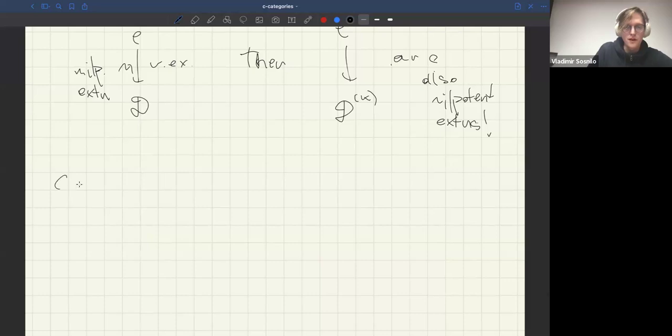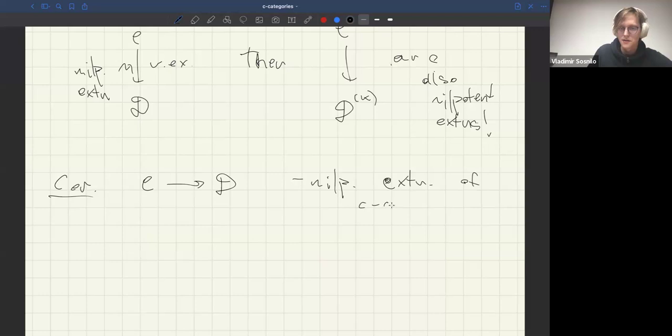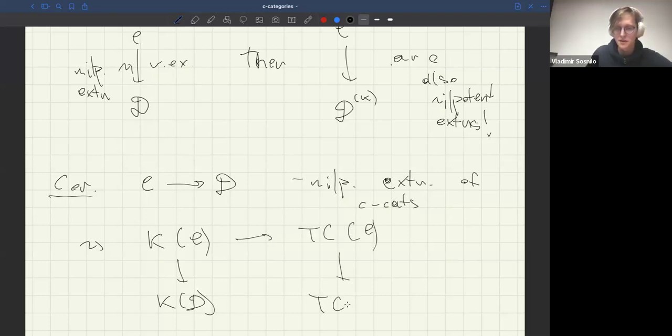And so the first corollary that we have is that if you have C to D a nilpotent extension of C categories, then the square K of C goes to K of D, goes to TC of C, TC of D is Cartesian.